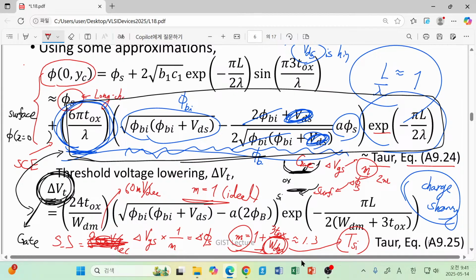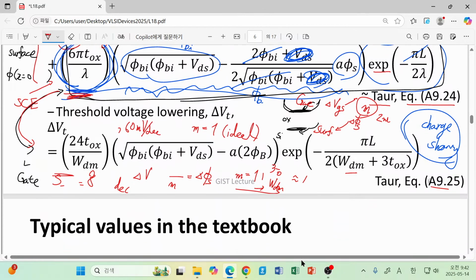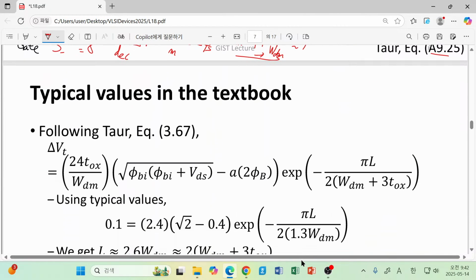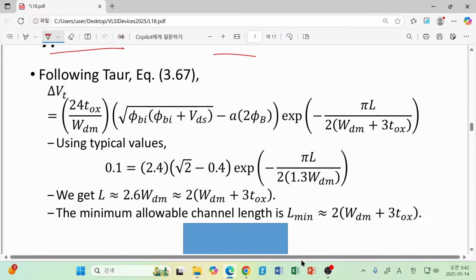But anyway, please note that when we have this equation 8.25, we just made a simple rule making the equivalence between potential change and gate voltage change. So please understand this assumption. And let me show you typical values in our textbook. In our textbook, we made really crude approximations.